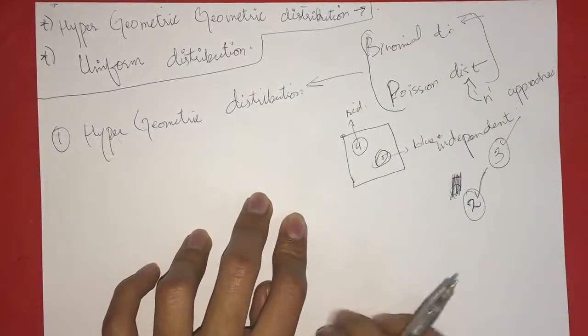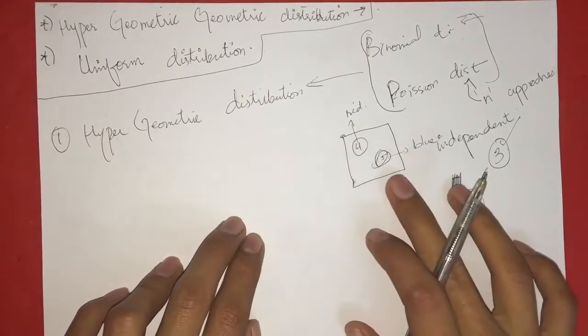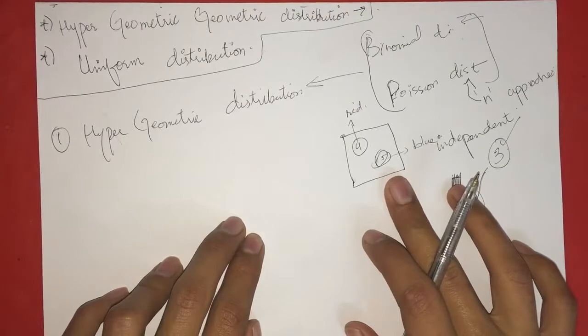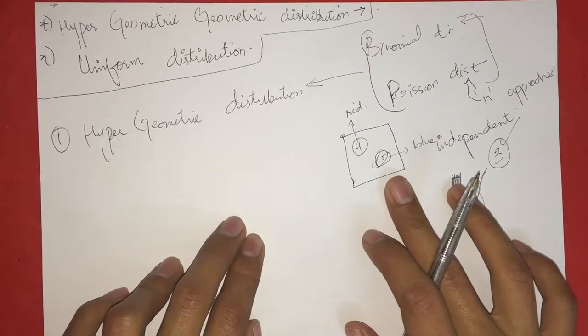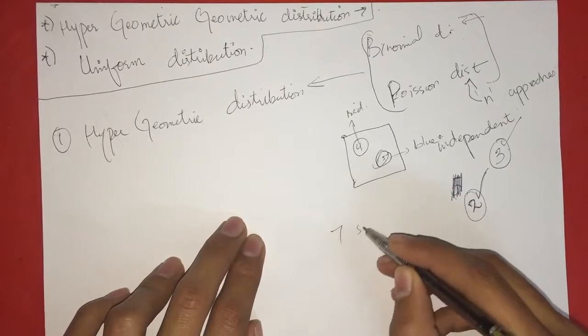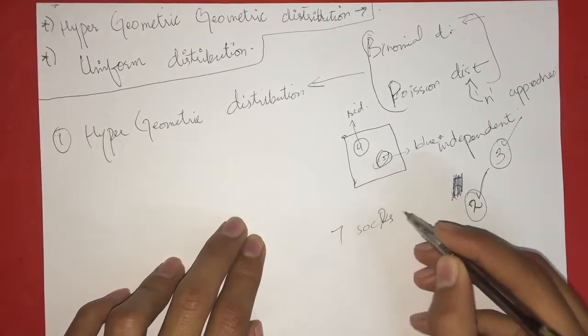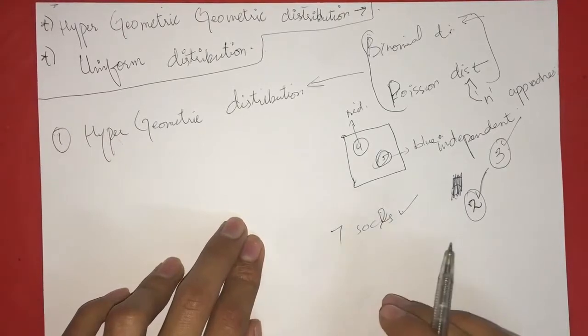Now, if I say that I am to collect a sample of seven socks, and I am to do it without replacement.